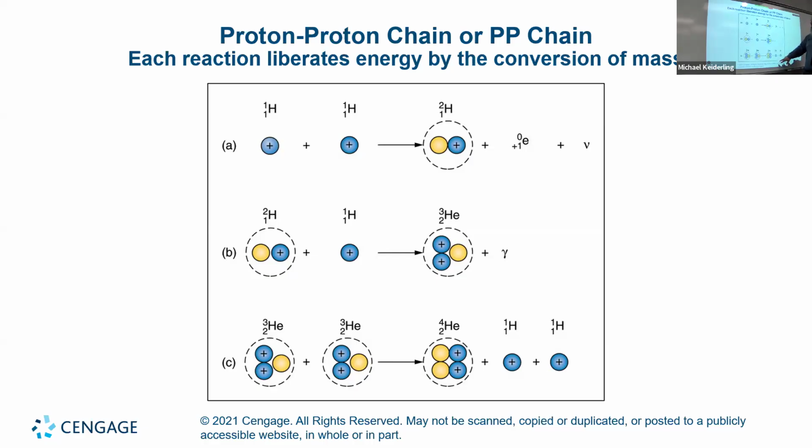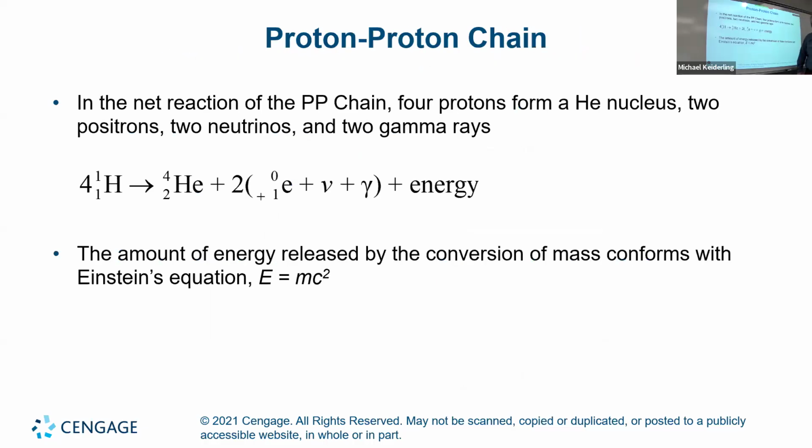And also some energy. These all have some energy. And the mass of helium-4 is less than the mass of 4 hydrogens. It's converting mass into energy. So what you get is, 4 hydrogens is 2 helium-4s plus 2 positrons, a neutrino, a couple gamma rays, and some energy.